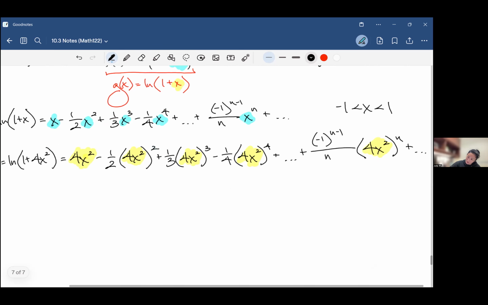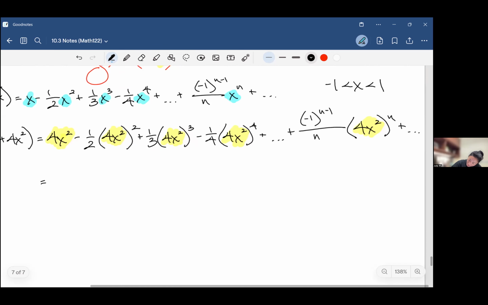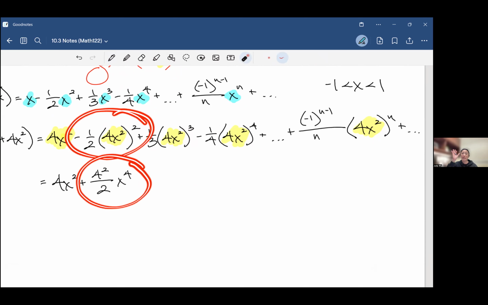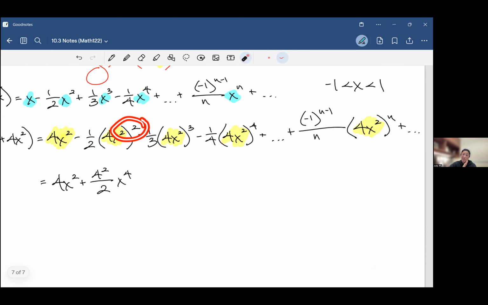All right, well, let's not clean up a ton, but we've got 4x squared plus 4 squared over 2 x to the fourth, okay? So this is what I mean by how we simplify. Like, let's keep a fraction, but put all numbers together in the beginning, and then combine your exponents. That's a valid method of simplifying, okay?